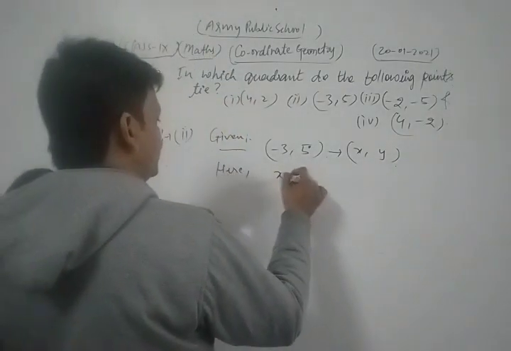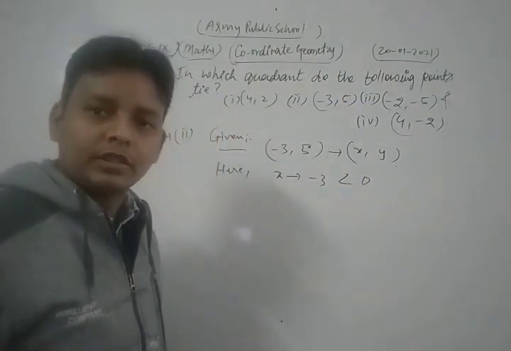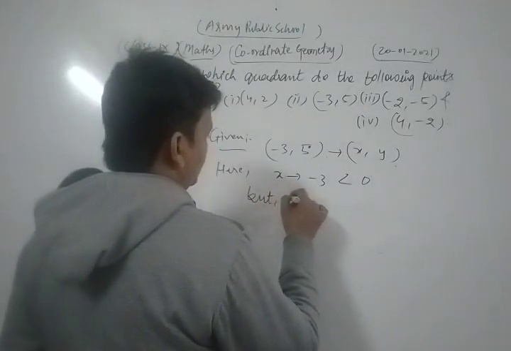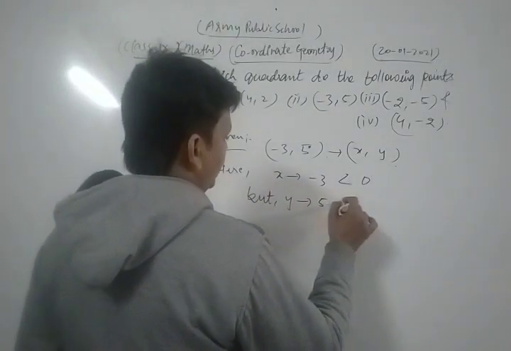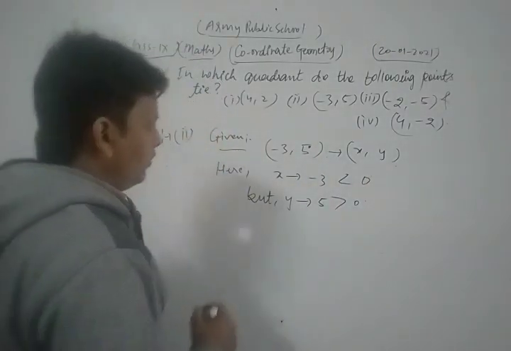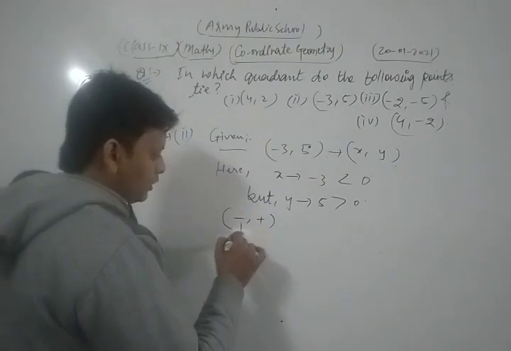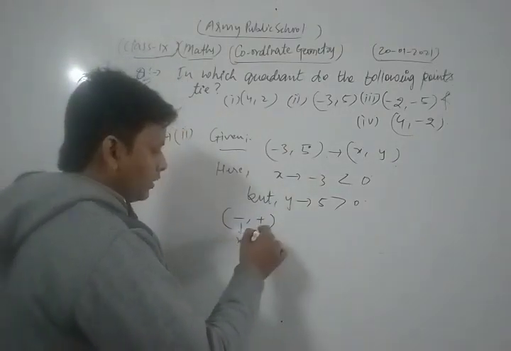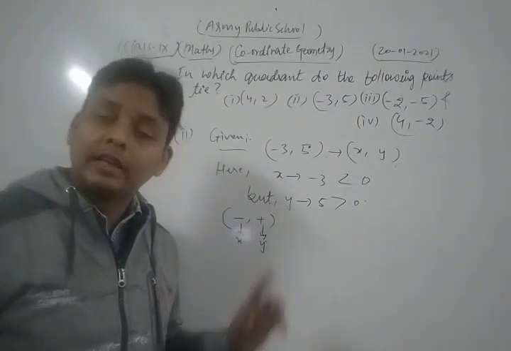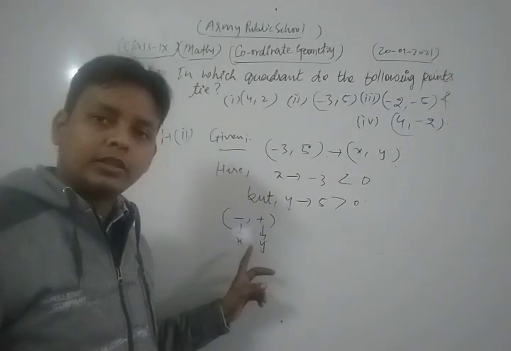Here abscissa is -3, which is less than 0, negative, but ordinate is 5, which is positive, greater than 0. So it is of the form minus plus. Abscissa is negative and ordinate is positive. In which quadrant? As I just discussed, in the second quadrant, abscissa is negative but ordinate is positive.